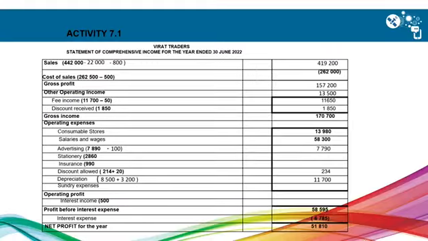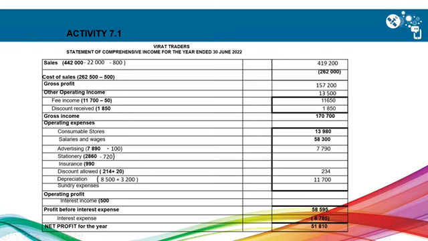So if I go to my stationery, do you see we already have a figure of 2,860 filled out there. I have not used the stationery of 720. Therefore, I will now deduct the 720. It's unused.